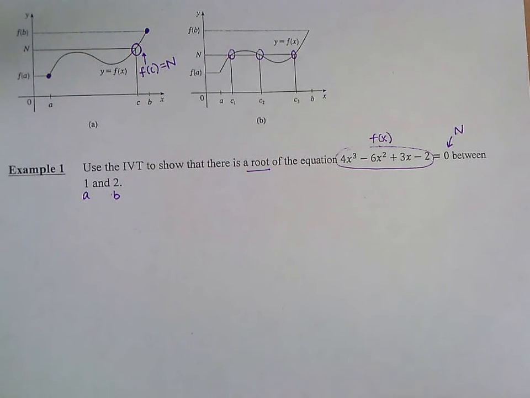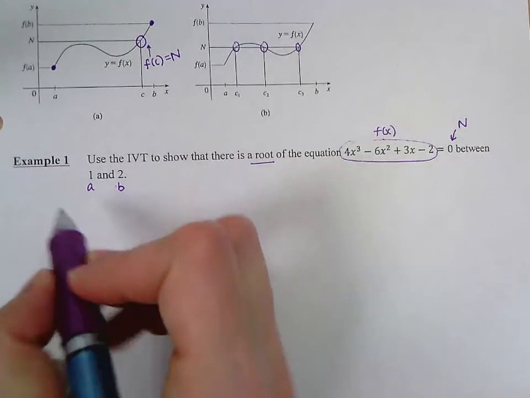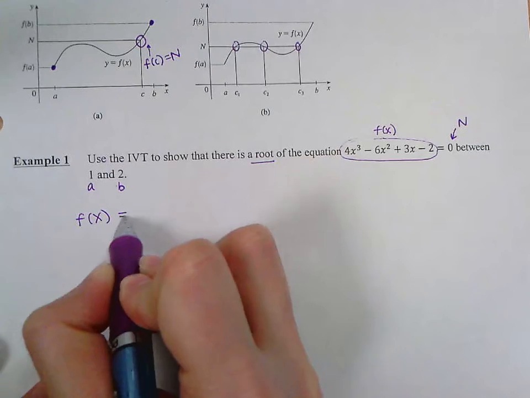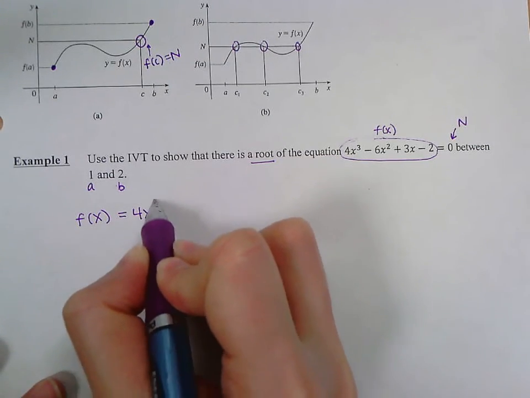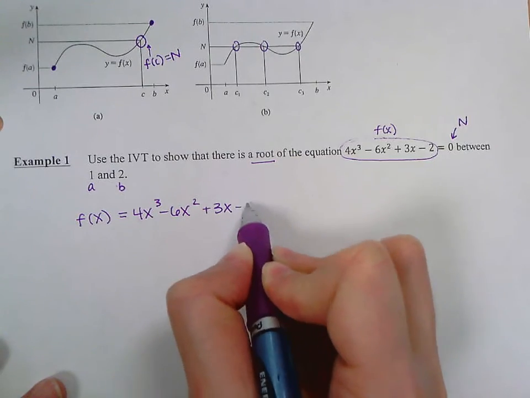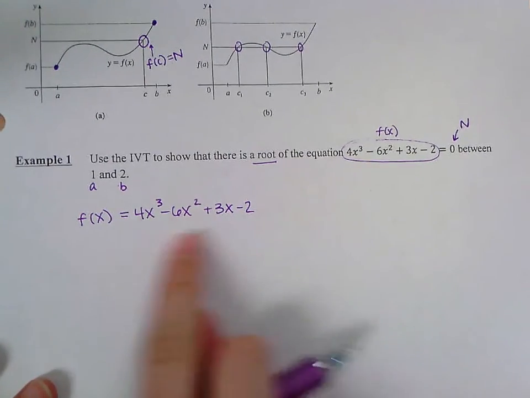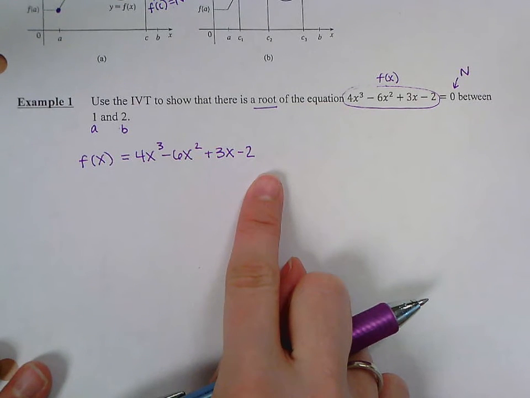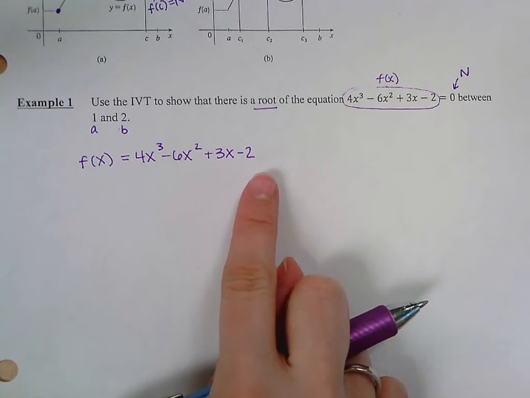So here's how I'm going to start. I'm going to say f of x, which equals 4x cubed minus 6x squared plus 3x minus 2. What type of function is this? Well, I heard a few things, but polynomial, the most general.